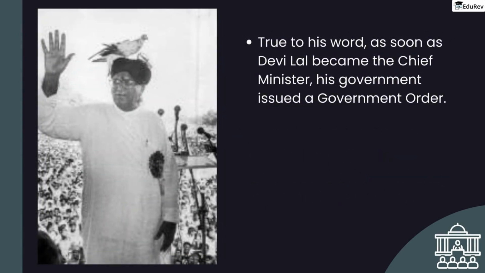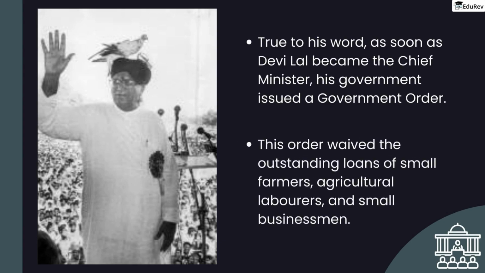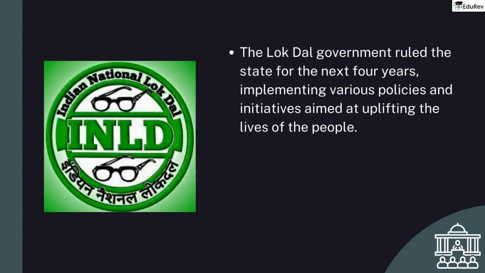True to his word, as soon as Devi Lal became the chief minister, his government issued a government order. This order waived the outstanding loans of small farmers, agricultural laborers, and small businessmen. The people rejoiced, feeling the winds of change blowing in their favor.